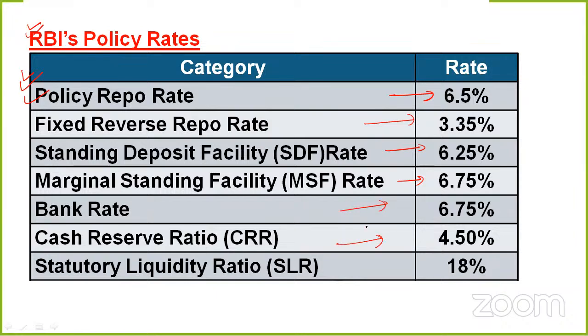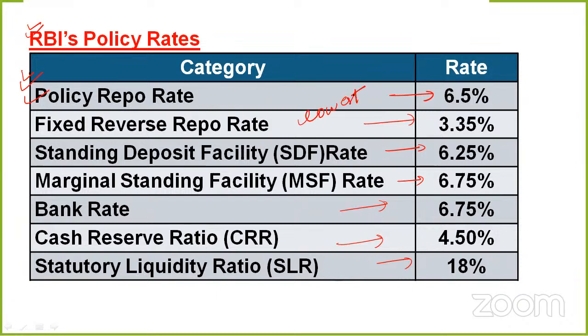CRR, that is cash reserve ratio, is 4.50%. And last is SLR, that is the statutory liquidity ratio. It is 18%. If you are not able to remember it, you can use the increasing or decreasing manner. Here also, the fixed reverse repo rate is the lowest.